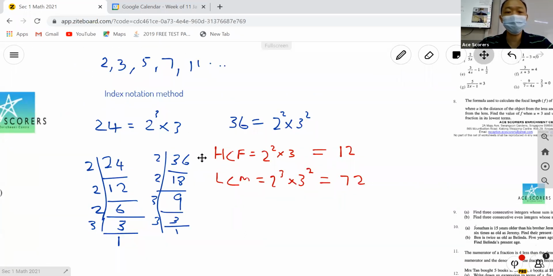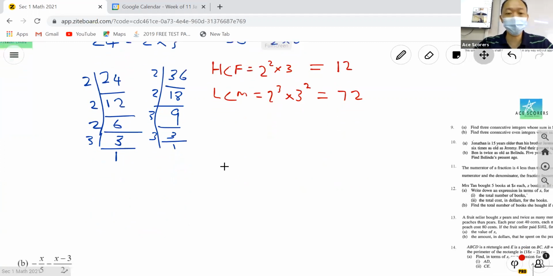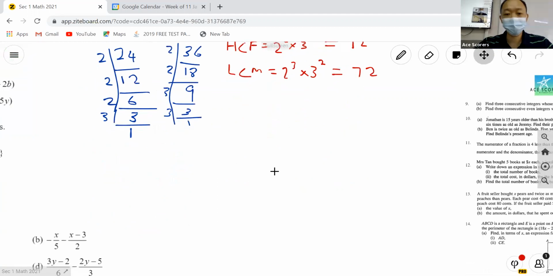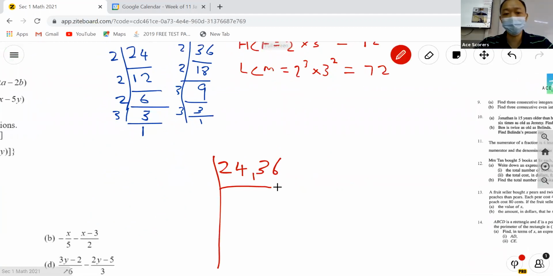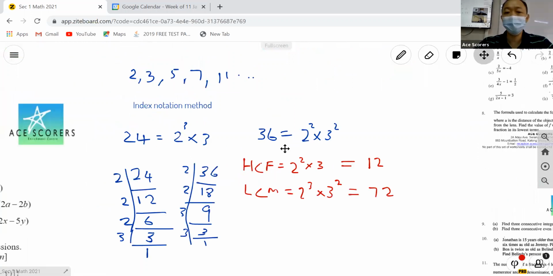There's actually another method taught in school where they put the two numbers together, 24 and 36, and do the ladder method. I'm not doing this because in the O levels, they use the index notation method.